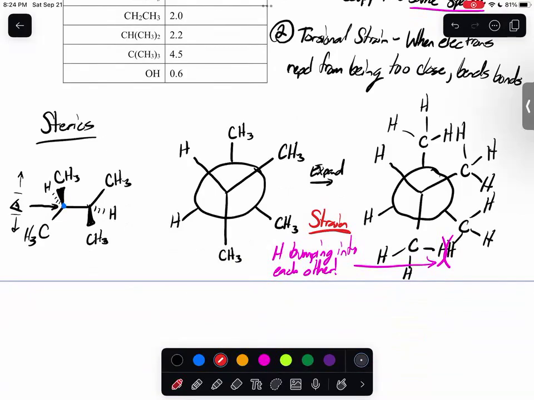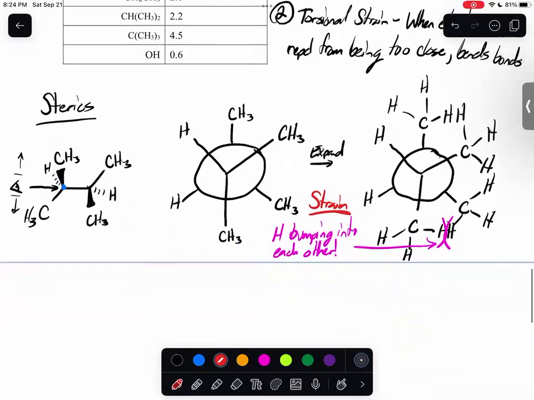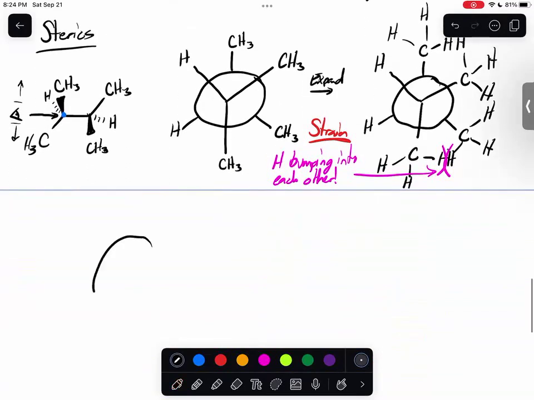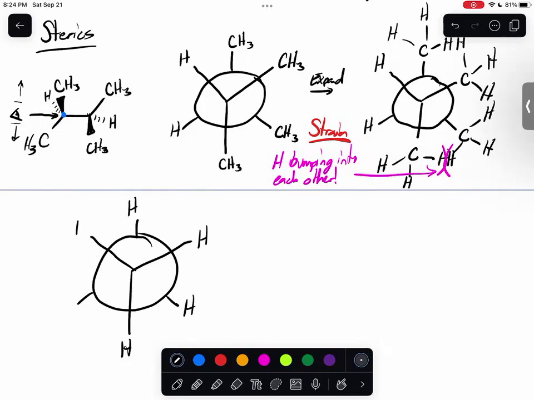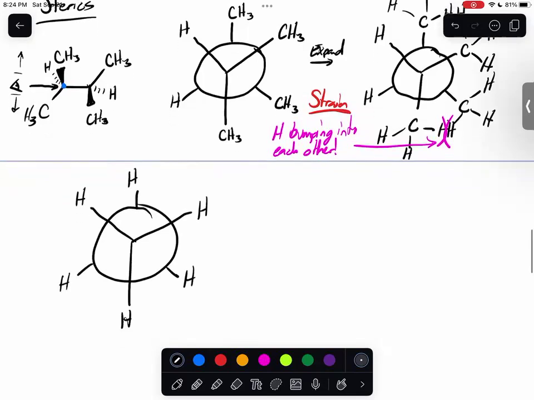Here's the thing though, when we look at sterics, what you'll notice is if we go back to thinking about that ethane that we had drawn beforehand, notice how these hydrogens don't really look too close to one another. Hydrogen is incredibly small, and all this space that's in between is just open.